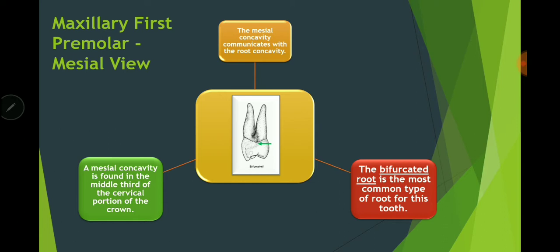So the mesial view of maxillary first premolars. The mesial concavity, which is shown by the green arrow here, is found in the middle third of the cervical portion of the crown. The mesial concavity is found in the middle third of the cervical portion of the crown.